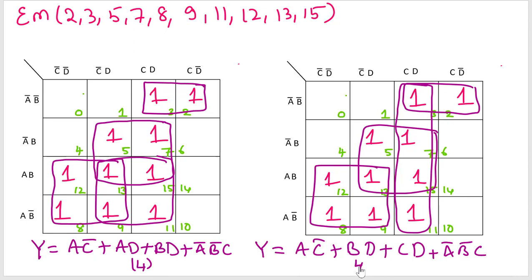This is having 4 terms, and if you look at here, this having 2 literals, 2, 2, 3. Here also you can see 2, 2, 2, 3. That means both the solutions have the same number of terms with the same number of literals. So both can be taken as a valid solution for the given Boolean expression.